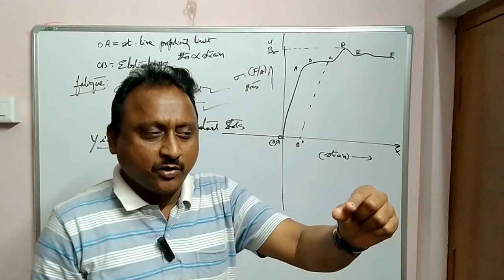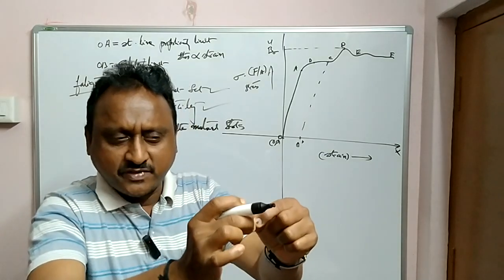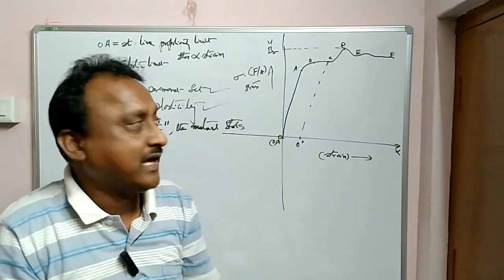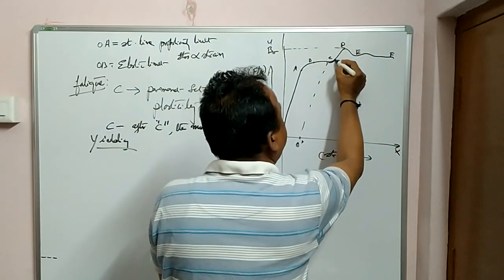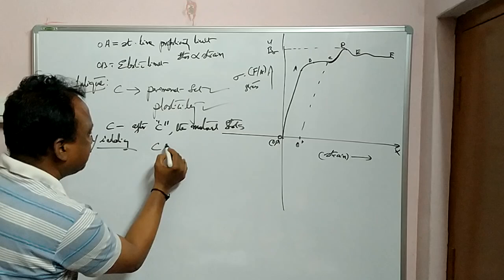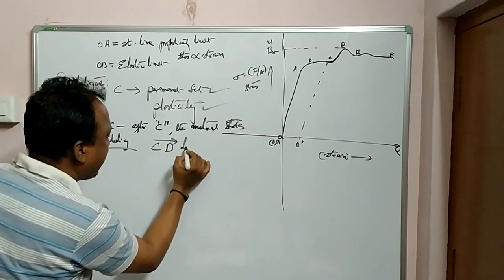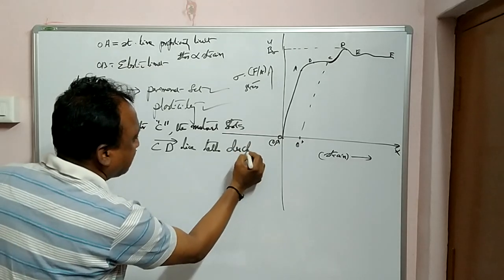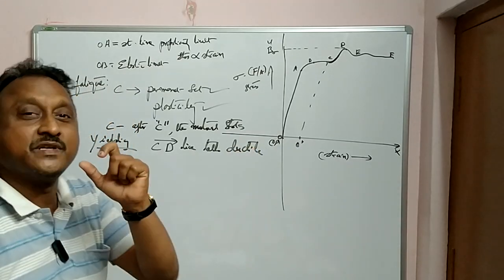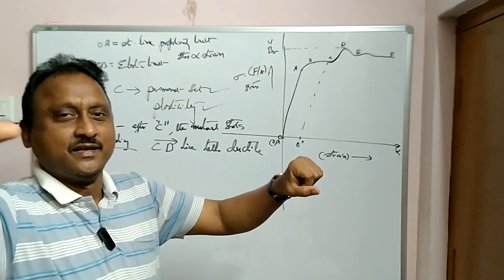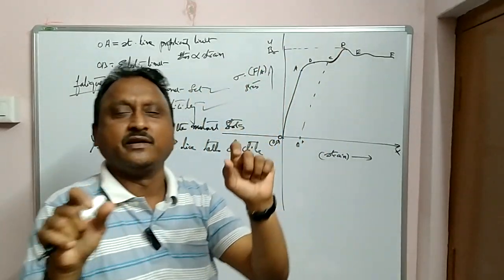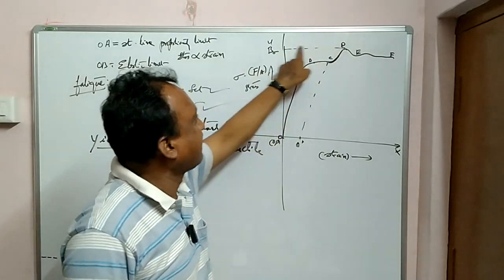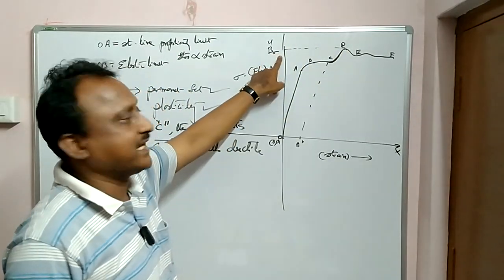The diameter goes on decreasing and the wire becomes very thin, and finally it stretches and breaks. Therefore this CD line tells about ductile nature, that is, how much stretching property the material has. After coming to D, the material is ready to break. That point is called the breaking point, and the stress required to break the material is called breaking stress.